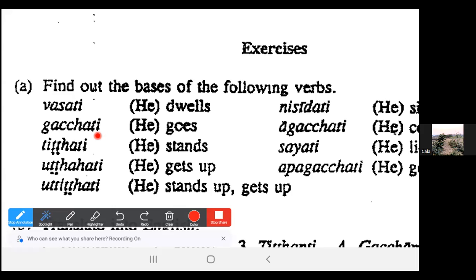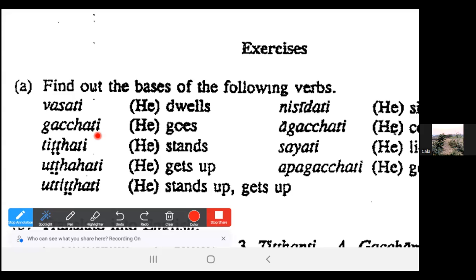And you all go? Gacchatha, no need for a long vowel. How about you go? Gacchasi. Gacchati. They go? Gacchanti.